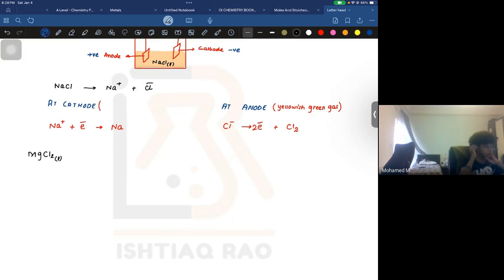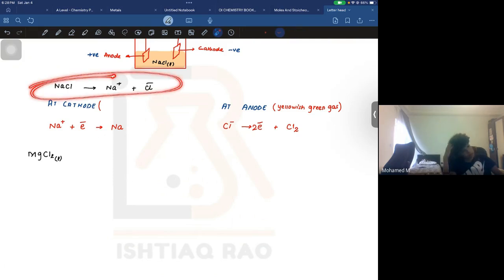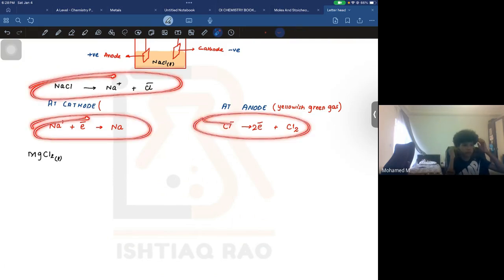So yes, you have to form three equations. Number one, this equation, then at cathode, then at anode.